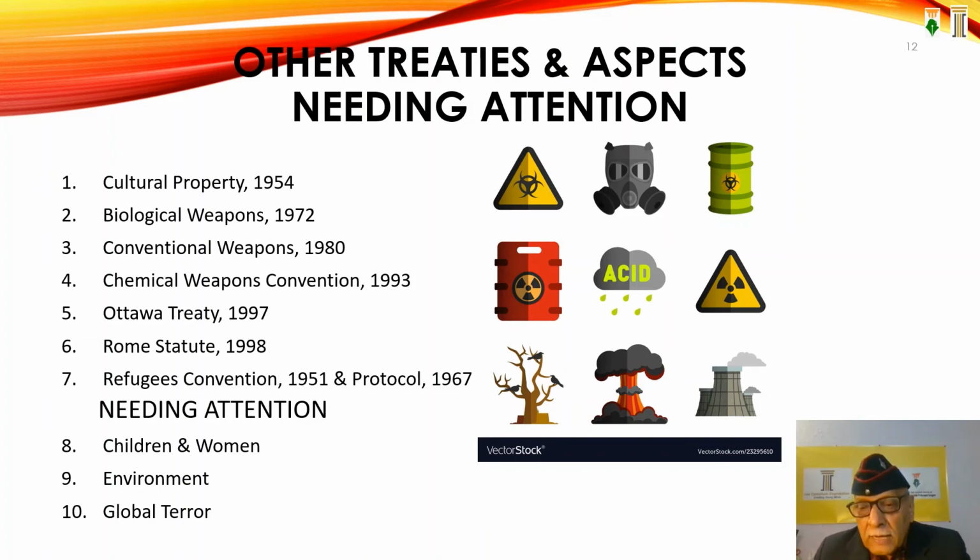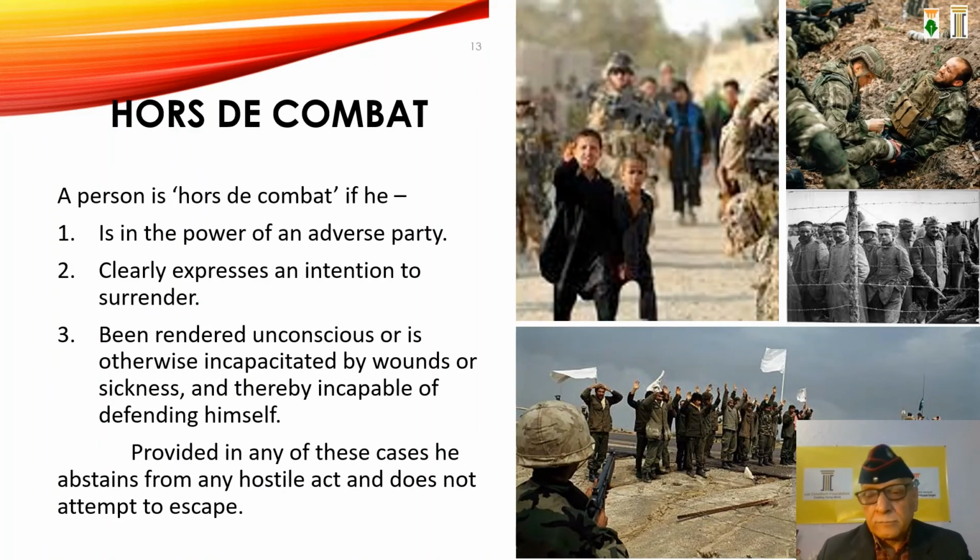Environmental damage and degradation during war and because of war efforts needs to be protected. And the third aspect on which there is a need for further dialogue, discussion, and exchange of views is the one concerning global terror. And of course, there are nuclear weapons, which are not included or shown here.